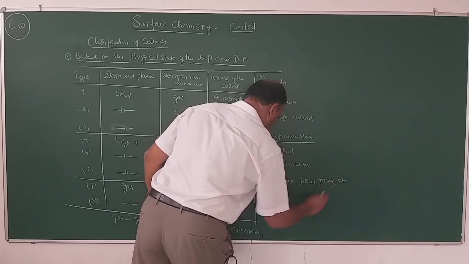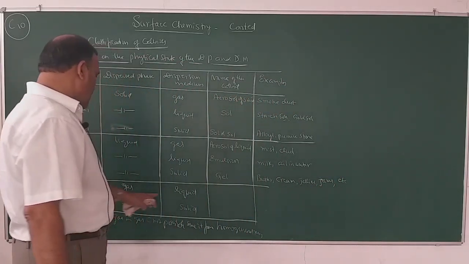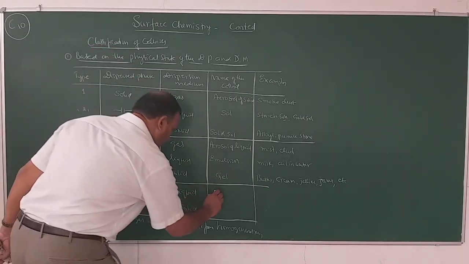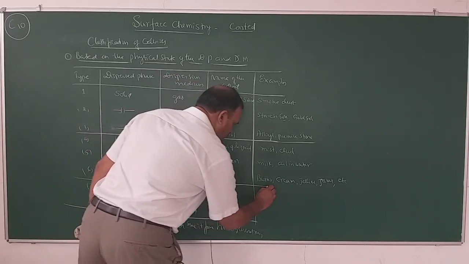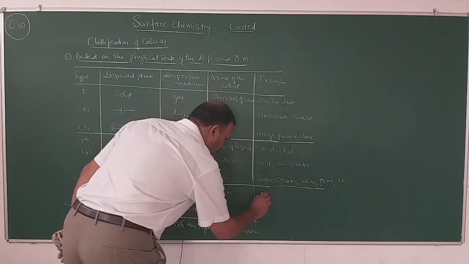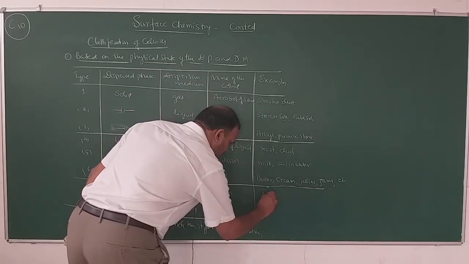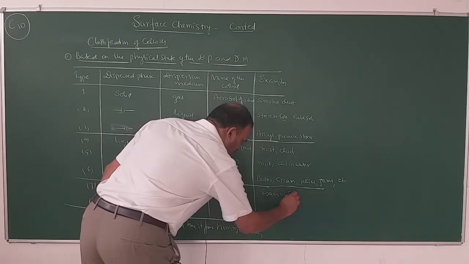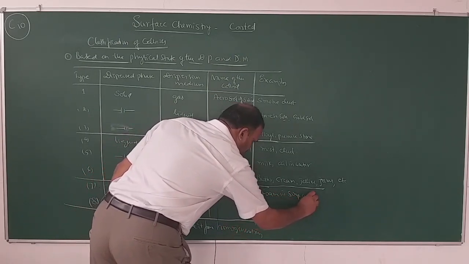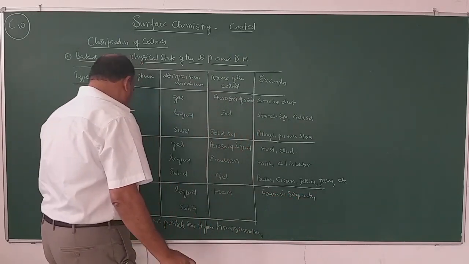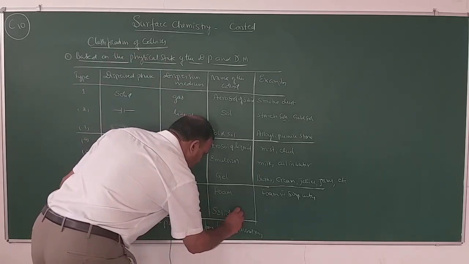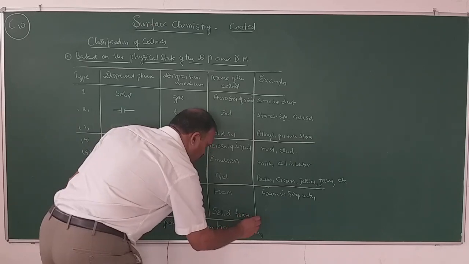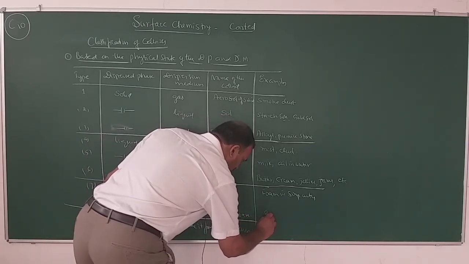And then gas in liquid, it is called foam. So you will get foam in soap water, and gas in solid, it is called solid foam. Example, sponge.